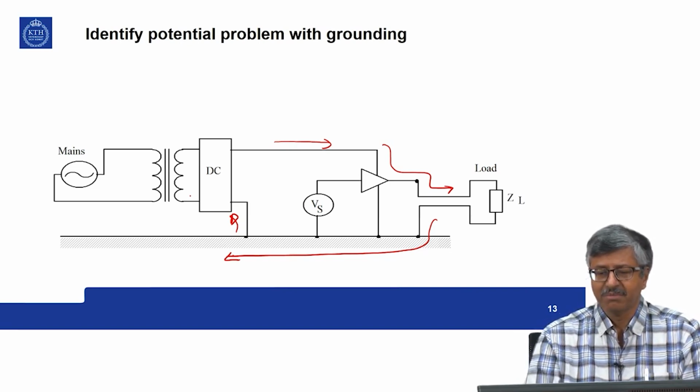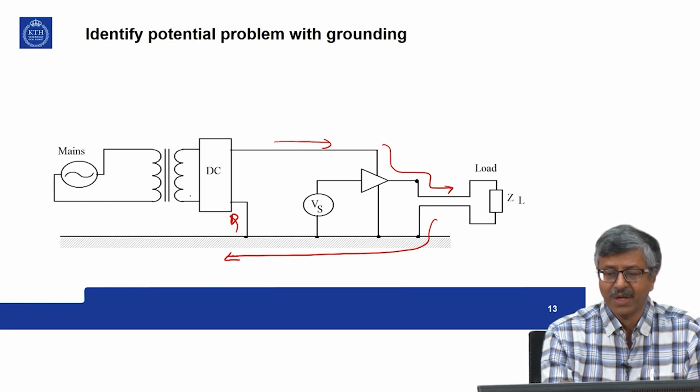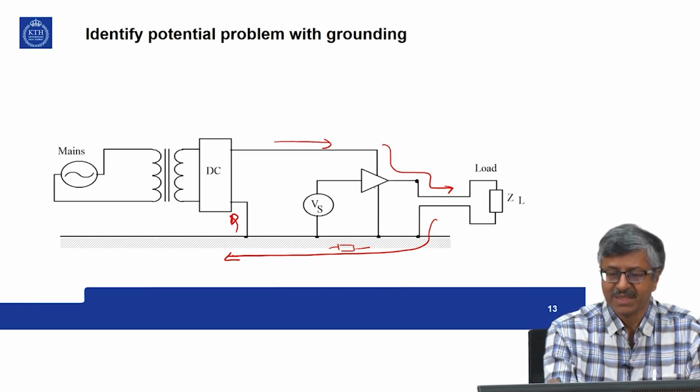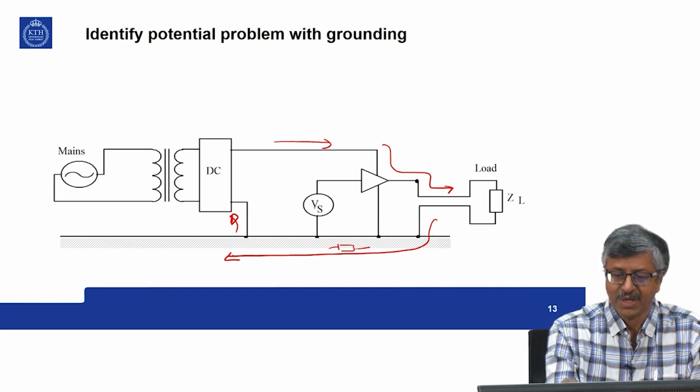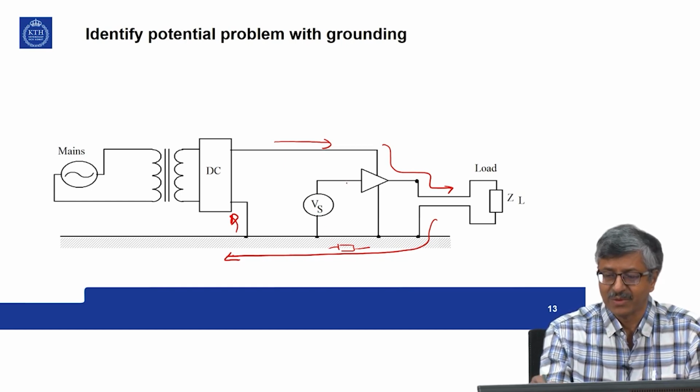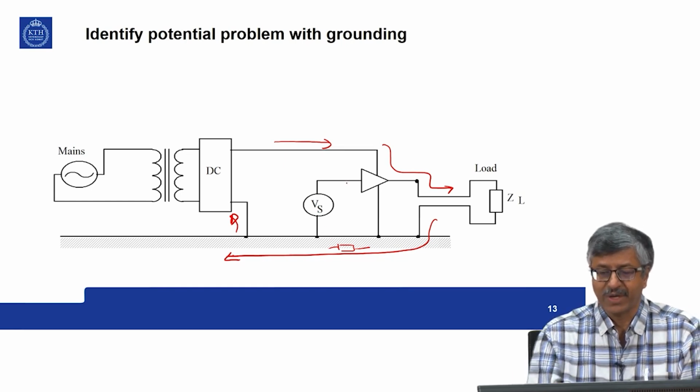It may look like a perfect circuit, but it can create a lot of problems because you have a common impedance here, this grounding, and when heavy currents are flowing it is creating common impedance, and this is the reference. So, you create a voltage drop across this, and this voltage drop is superimposed on the signal. So, your output will be completely destroyed.